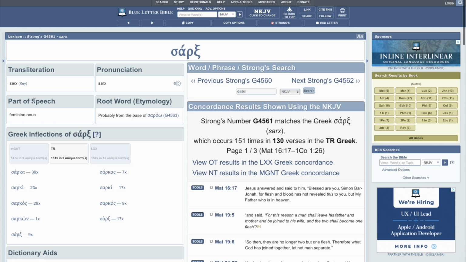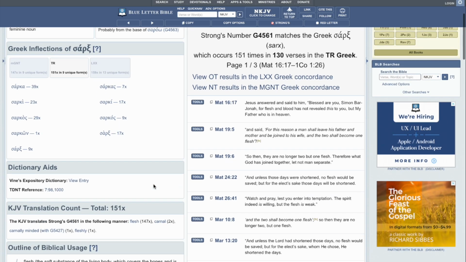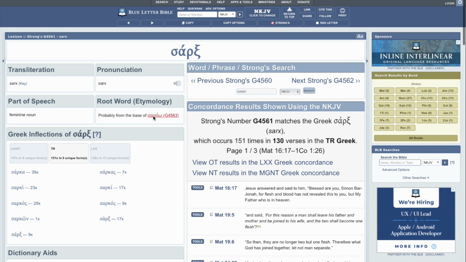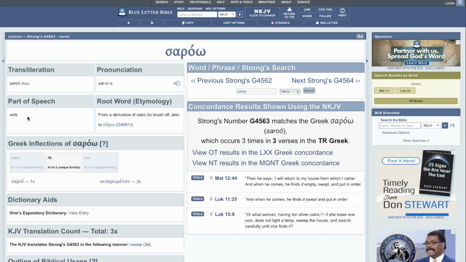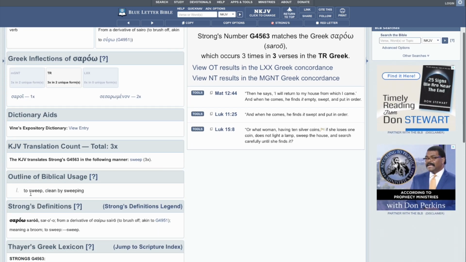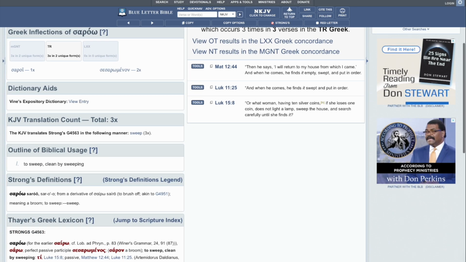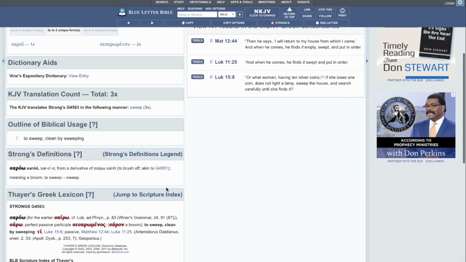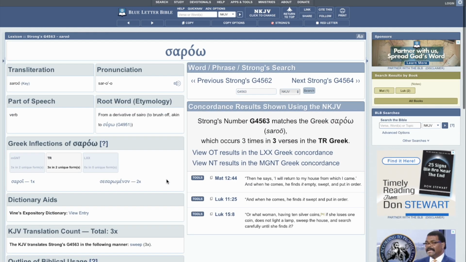So the noun form of flesh now changes to a verb form showing action of to sweep. Huh. Now think about that for a second. The action part of flesh is to sweep. Okay, we'll just kind of keep that in our head. We don't need to know all the answers right now.